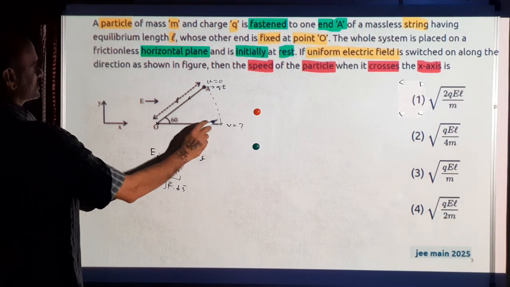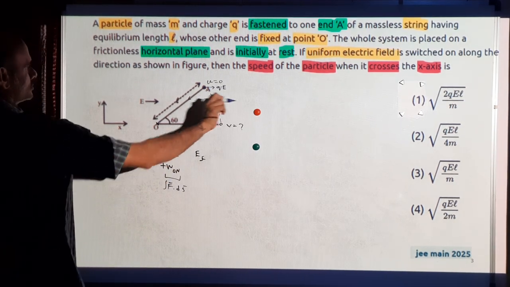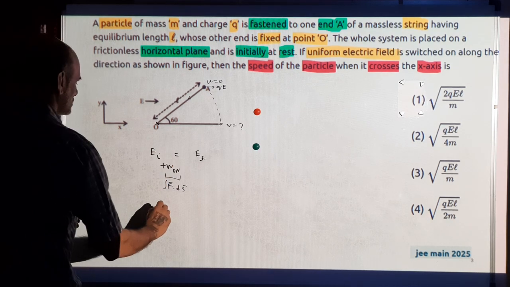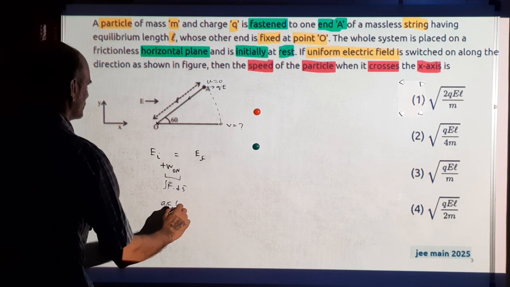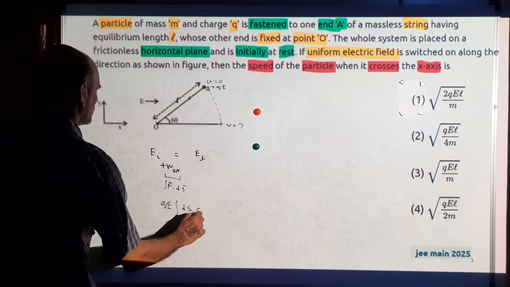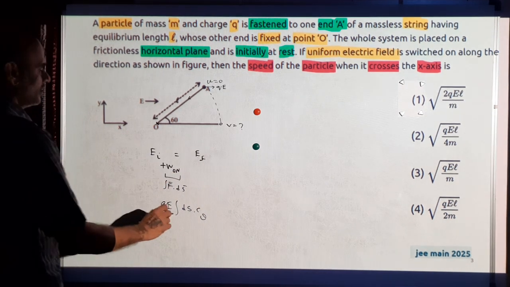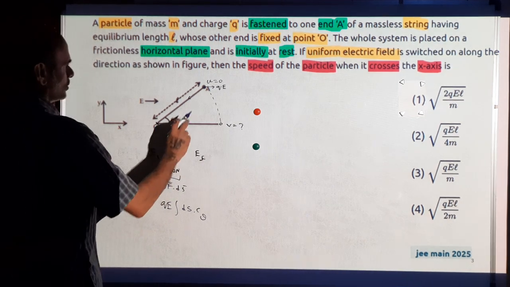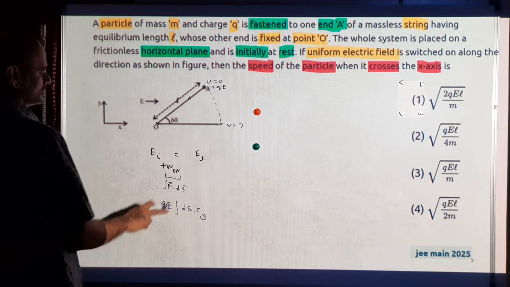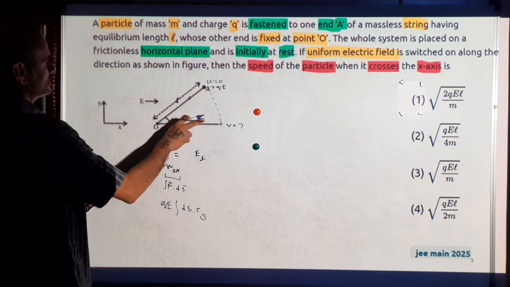Force is a uniform force. It's always qE, and the direction is also towards the x-axis. So force is uniform, so force will come out of the integral, into ds cos theta for this entire path, and ds cos theta is nothing but the component of the displacement along the direction of the force.